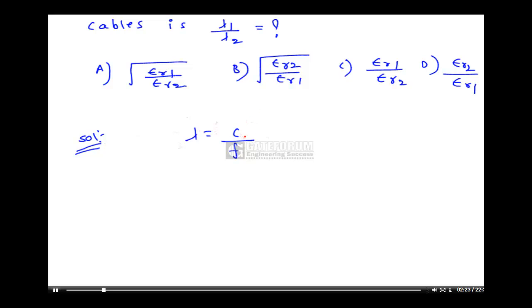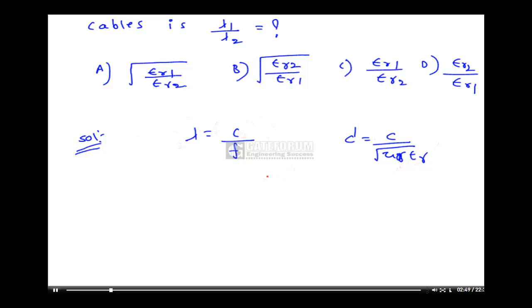But here it is given two different dielectric mediums. So here it is not C, it is some C dash, which is C by square root of mu naught mu r epsilon r, where mu r and epsilon r are the relative permeability and relative permittivity values of the media.